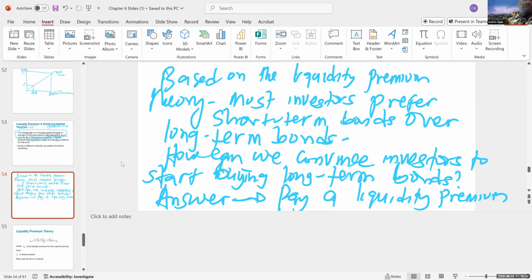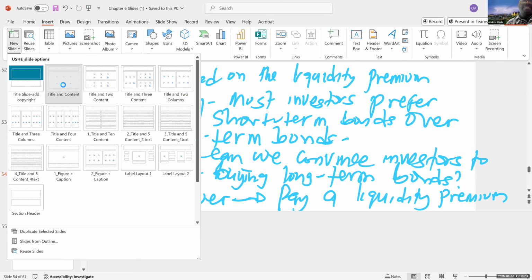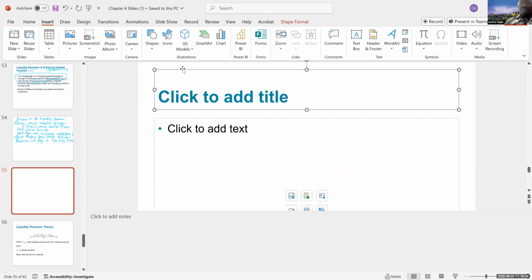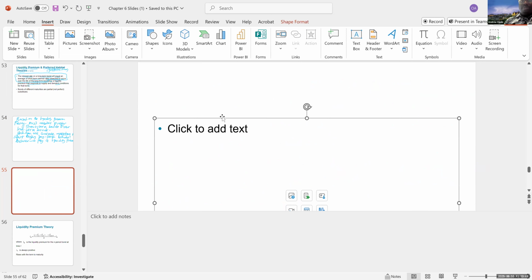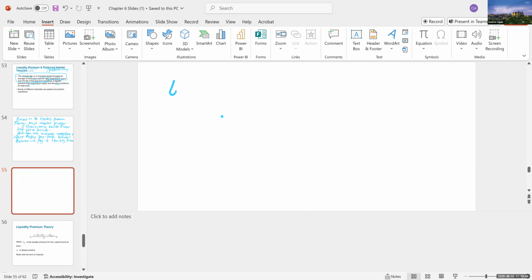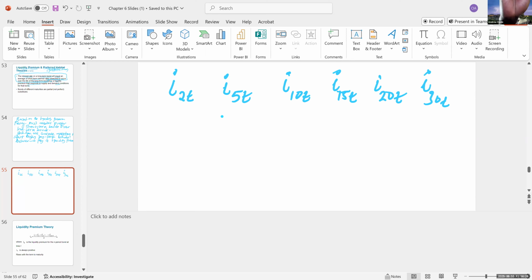Okay? So the idea here is that the liquidity premium on short-term bonds is always very small or even non-existent. So if you have a 2-year bond, a 5-year bond, a 10-year bond, a 15-year bond, a 20-year bond, and a 30-year bond, you're going to start with a 1-year bond.